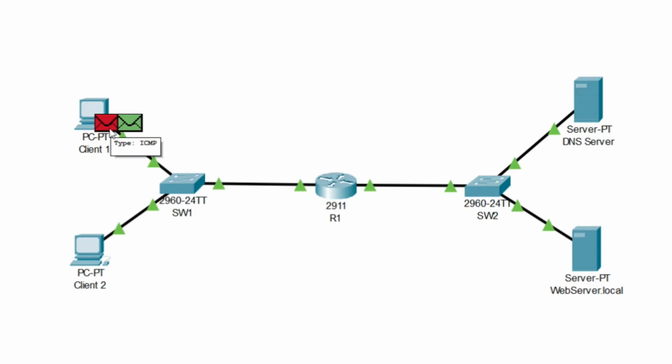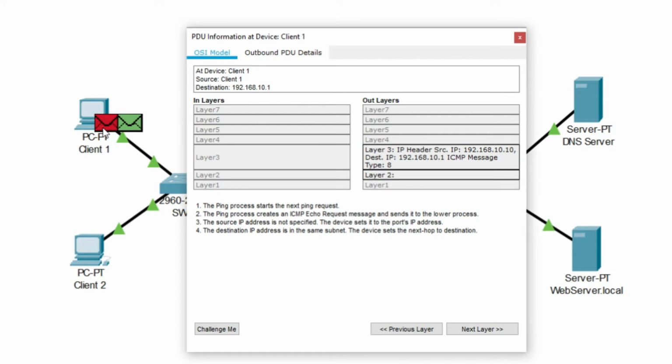In this case, I can hover over these and see what's going on. So here my red packet is an ICMP request and my green packet is an ARP request. If I click on my ICMP request, I can see details about this request and what decisions it's making.